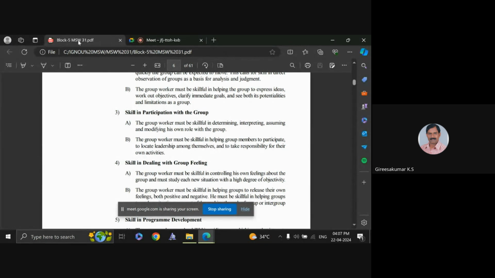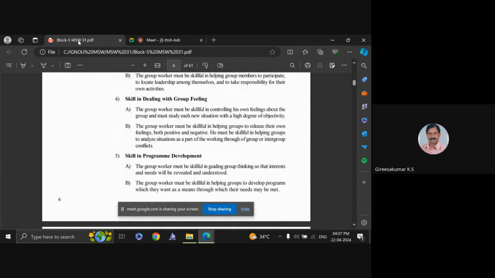So skill in dealing with group feeling. That is, the group worker must be skillful in controlling his own feelings about the group. Also, he must be skillful in helping the groups to analyze the situation as a part of working through the group.